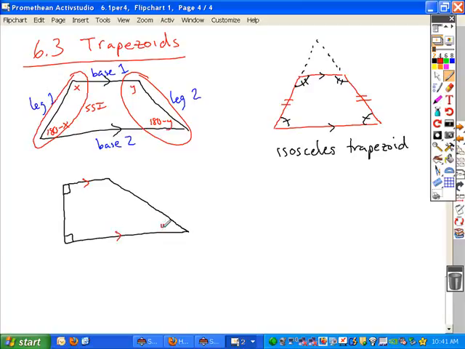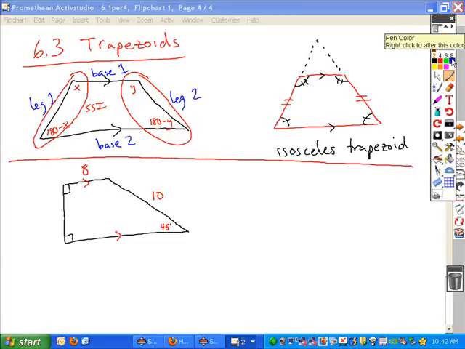And it's very likely you're going to see something like this. If I gave you this information, is there enough information provided for you to tell me the total perimeter of this trapezoid? I want you to see if you can figure out what is the perimeter of this trapezoid.